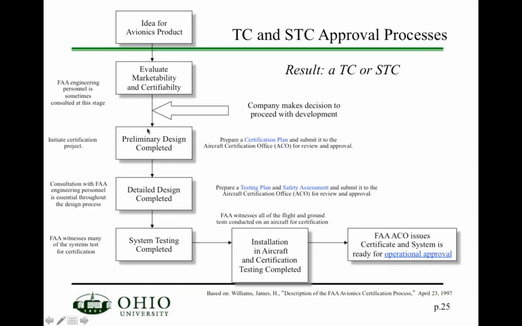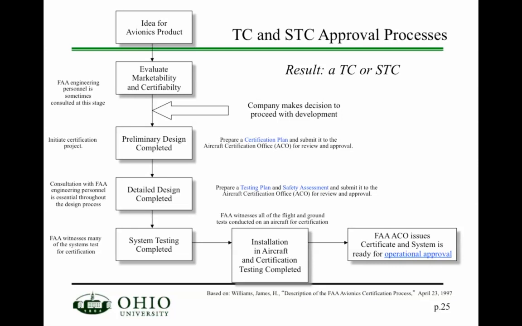Then, when more detail gets worked out, the detailed design, and again, we'll talk about that in the next module, at that time you see there's also a lot more FAA personnel involvement. And we'll talk about that some more later. At that time, you have to start making things like testing plans, safety assessments, and a whole bunch of other stuff. Well, after that detailed design is done, then there must be some system testing performed, and in some cases FAA witnesses a bunch of these tests.